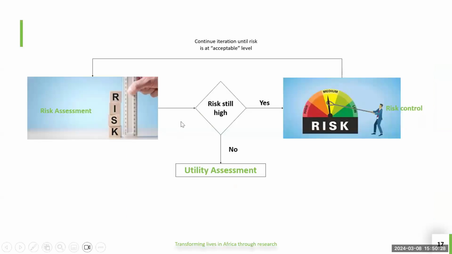So it's a cycle like this. You assess risk. After assessing, you see whether the risk is still very high. If it is, then apply some disclosure control. When you apply the disclosure control, at the end of the day, assess the risk again. Is it still too high?